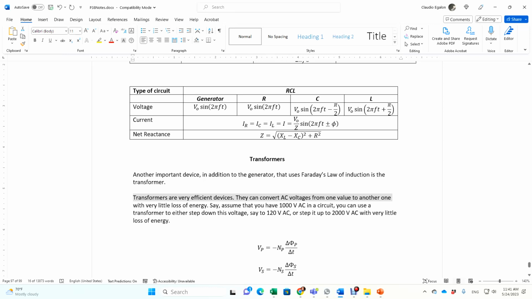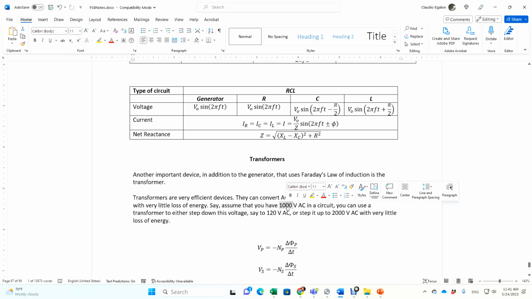Assume that we are transmitting a 1000 volt AC signal through the power lines. And there's a reason for transmitting at that high voltage: it has less loss along the transmission lines.